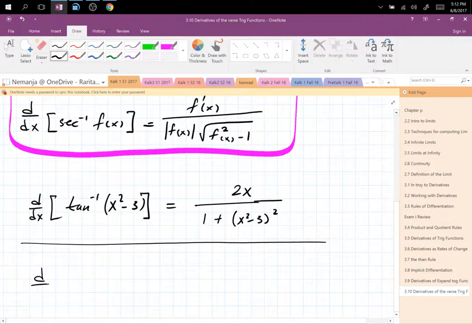Let's see the derivative of, say, cosecant inverse of something nice. You don't have an idea of what a function? Yeah, I know, but what function should I put? I ran out of functions. Nothing?